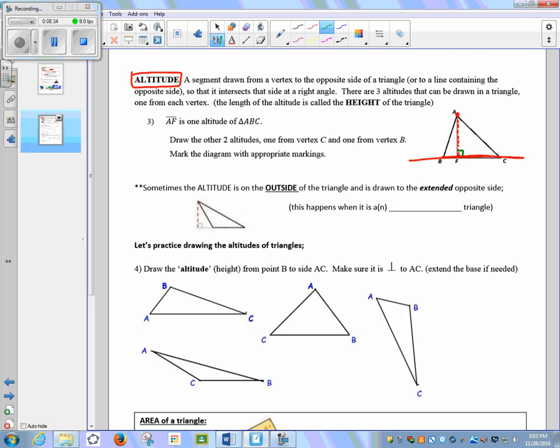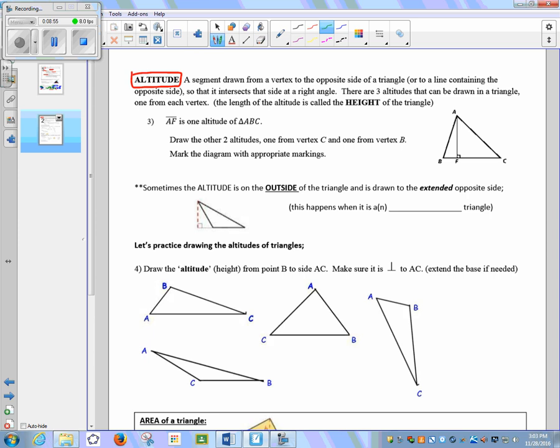So by definition, it's the segment drawn from the vertex to the opposite side so that it intersects at a right angle. In other words, it's perpendicular to the opposite side. Again, all three altitudes can be drawn, and when they are, they all intersect at one point, a point of concurrency.